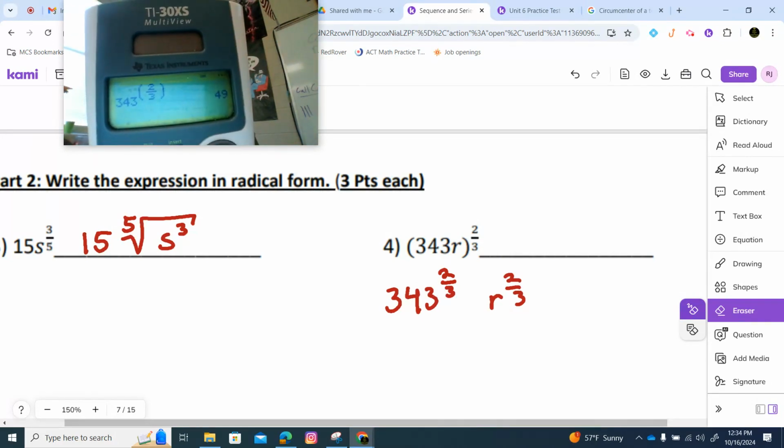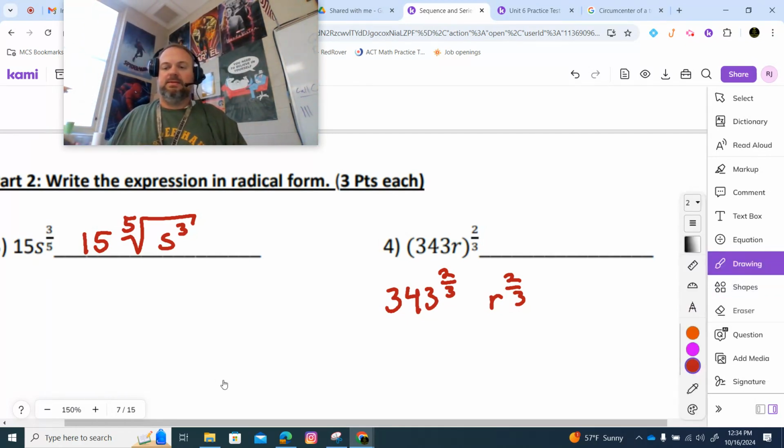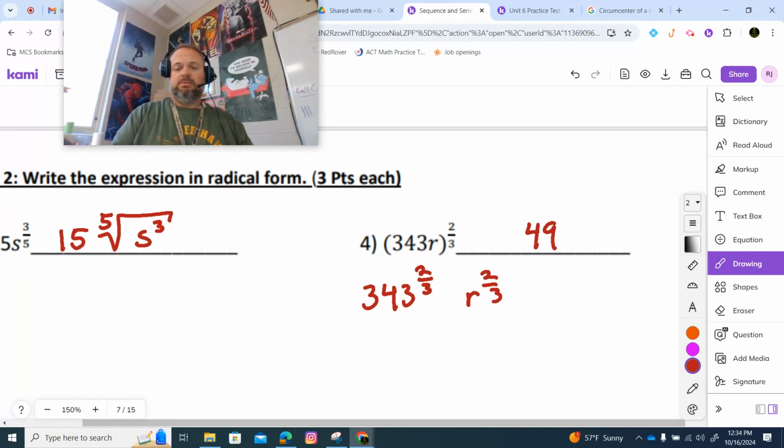It does. 49. Shh. So that is 49. So we could just write 49. Now, all we have to worry about is the pirate's favorite letter. Thank you.